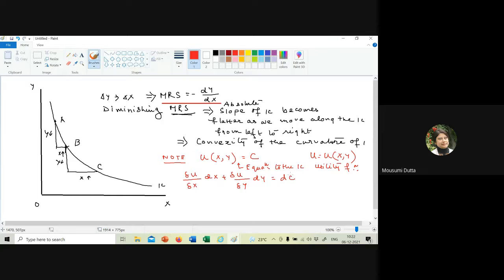Now, c is any arbitrary positive constant, and along an IC it remains constant. So dc will be equal to 0. This del u by del x we can also call mu x.